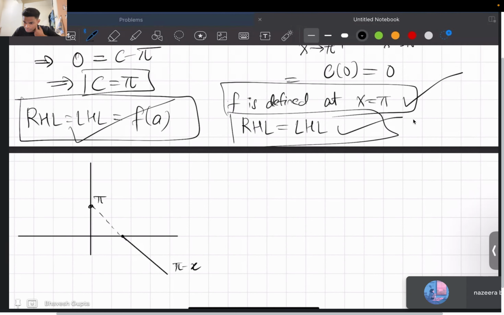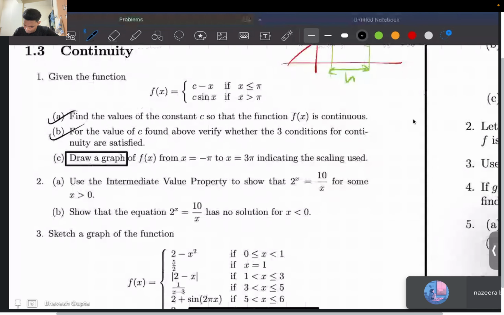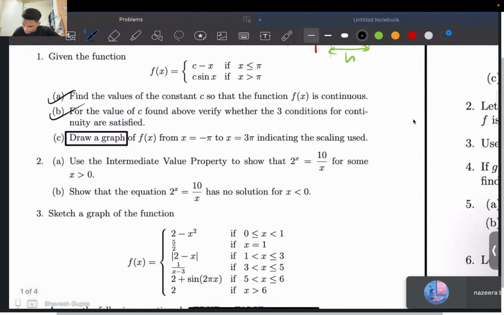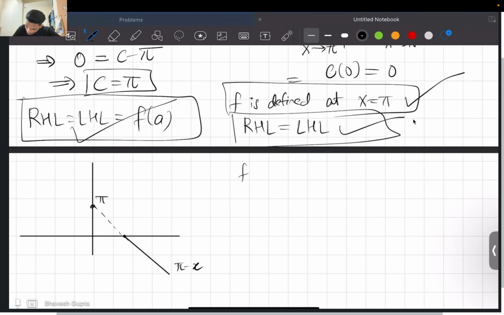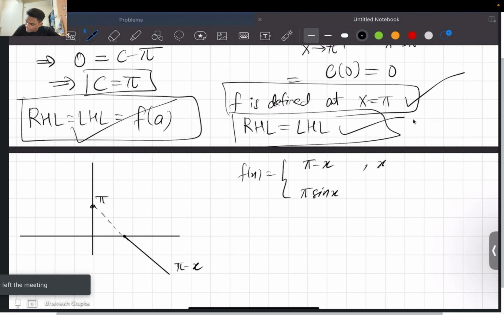And yes, do you have any question? Now the next part is pi sine x, because my function has two parts. That is pi minus x, and the other is pi sine x for x greater than or equal to pi.